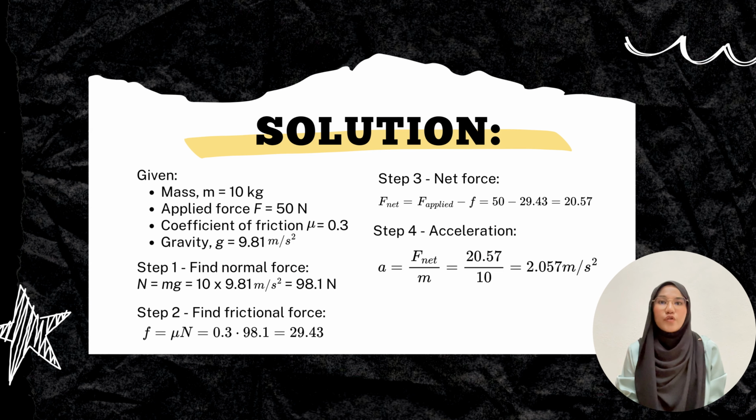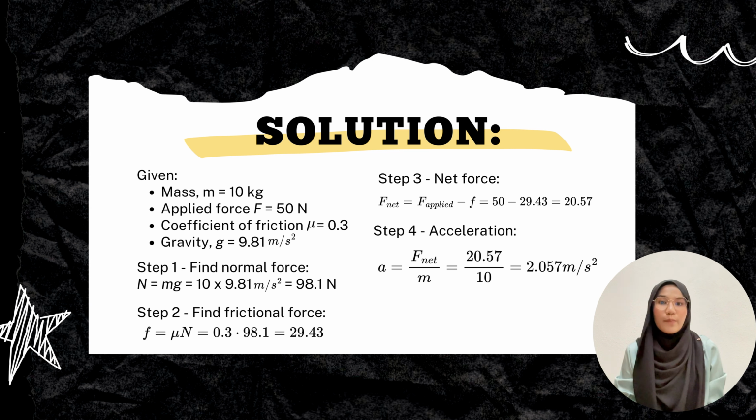Alright, now let's go through the step-by-step calculation together. First, let's share what we know from the question. The mass of the box is 10 kilograms. A horizontal force of 50 newtons is being applied to push it. The surface is a bit rough with a coefficient of kinetic friction of 0.3. And as always, we will use gravity as 9.81 meters per second squared.